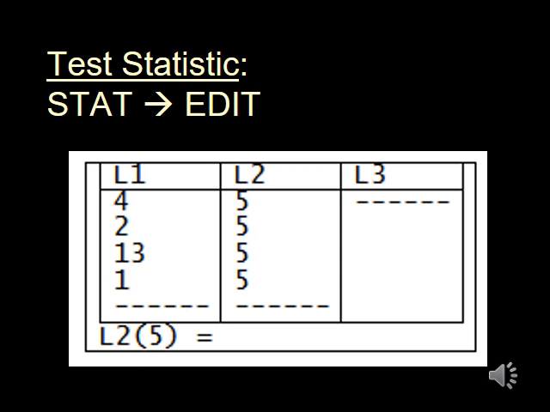That's why I've got 5, 5, 5, and 5 entered in L2. You're going to see, both when you look at your assignment and when you get to the next test, there will be some questions where I do want you to be able to figure out what those different expected numbers are for each category of your problem. And again, here it's just 25% times 20, all 4 times.